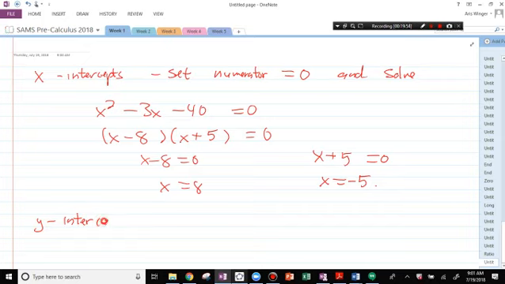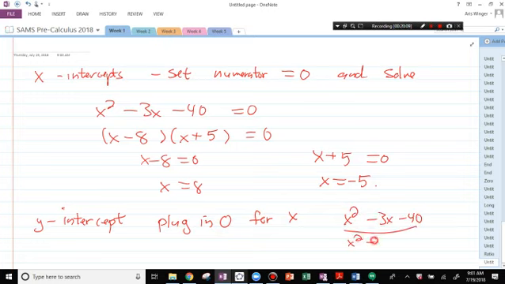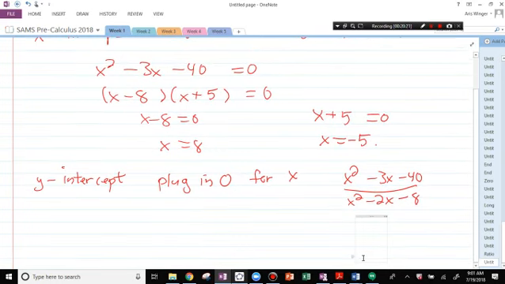The y-intercept: plug in 0 for x. So you've got x squared minus 3x minus 40 all over x squared minus 2x minus 8, and we're just plugging in 0 there.